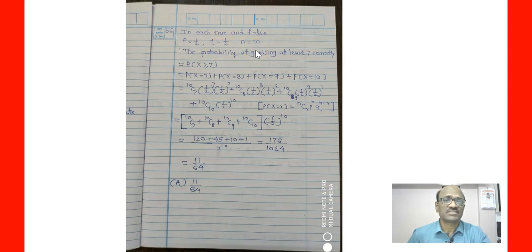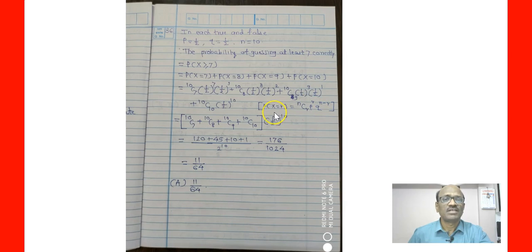That is 10 questions. At least 7. Therefore, probability of X greater than or equal to 7, that is 7, 8, 9 and 10. And find that, 10C7 (1/2)^7 (1/2)^3, then 10C8, 10C9.